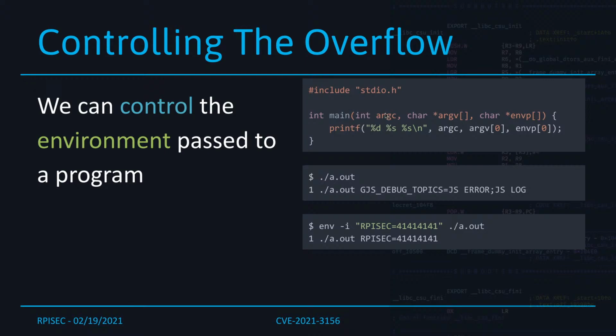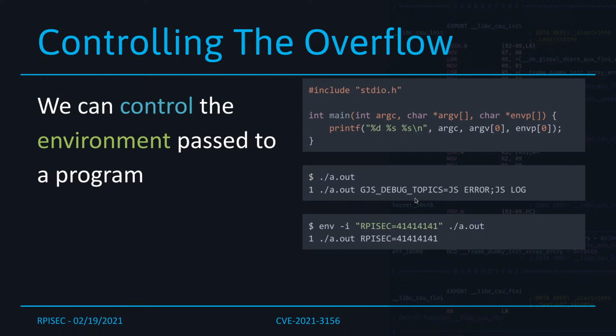We have argc, that's the argument count. We have argv, which is the vector of arguments, and we have that env, that pointer to a list of environment variables. And so we can control that environment that's passed into our program. We can control those bytes that occur right after the null byte in our command line argument.